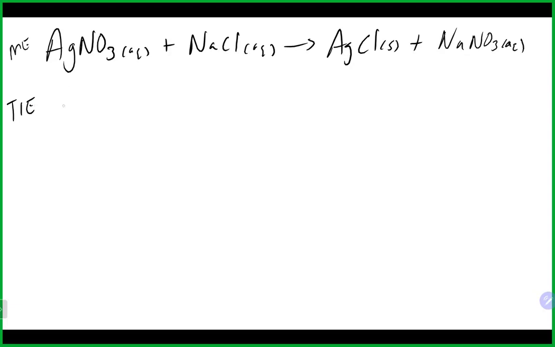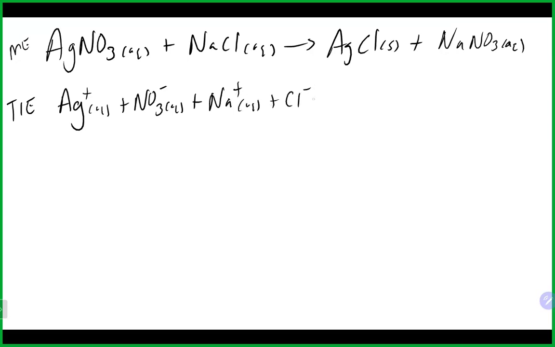That silver nitrate is a strong electrolyte, which means it will break apart into a silver ion and a nitrate ion. Sodium chloride will also break apart, as it is a strong electrolyte, into a sodium ion and a chloride ion. Once again, our solid will stay together.